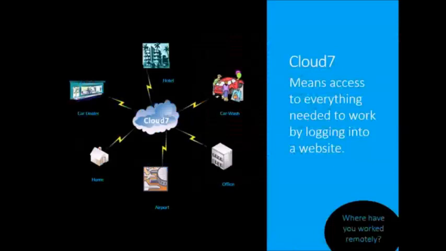What Cloud 7 does is it gives you the ability to access all of your applications, all of your data from anywhere, from any point, or from any device. And so it really creates this freedom of selection. You can use an iPad, a Mac, a Windows desktop, pretty much almost any device out there, an Android tablet, and you can access everything you need to from anywhere.